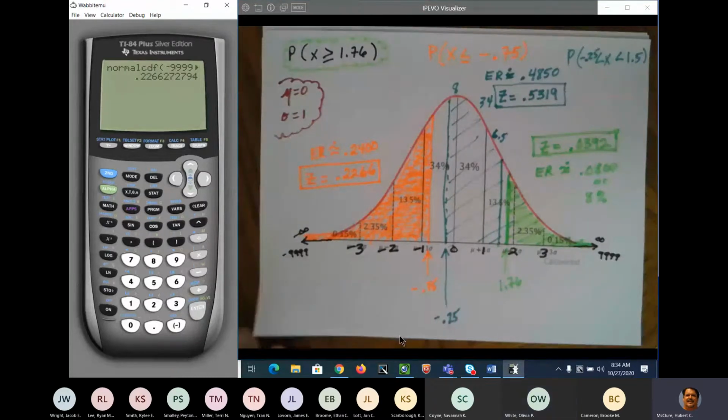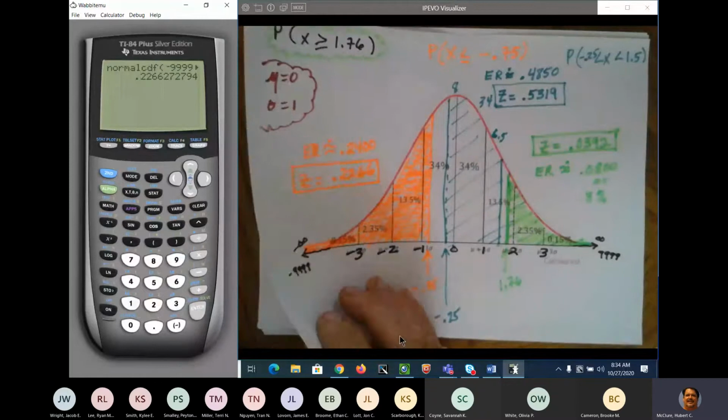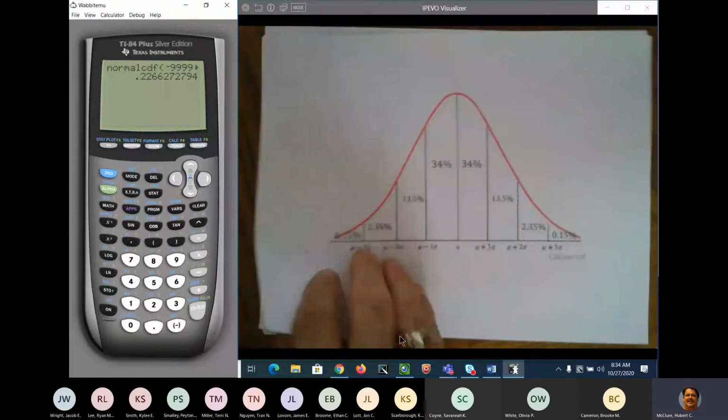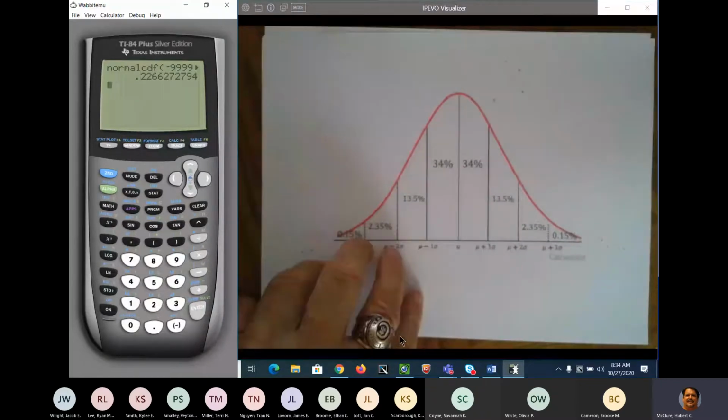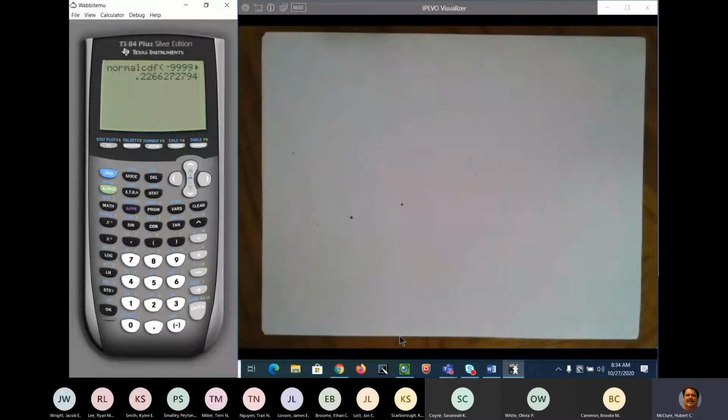Okay, now there's another type of question you're going to see in 7.1, and it's just one question by itself, but it's going to be used in 7.2. And this is the way the question will be asked.